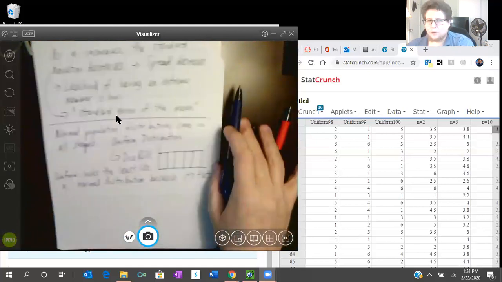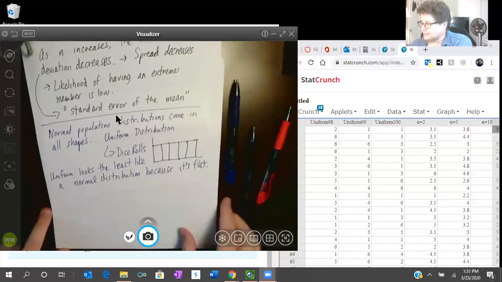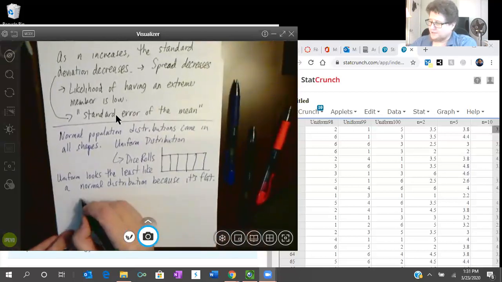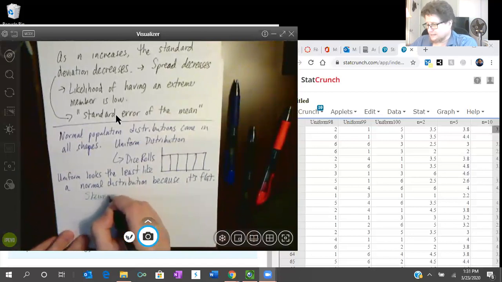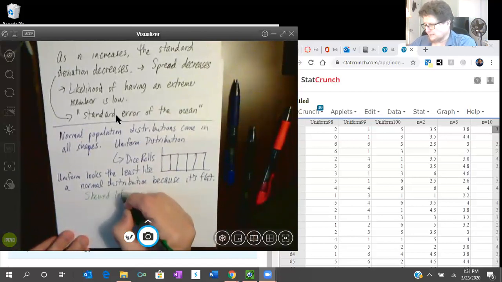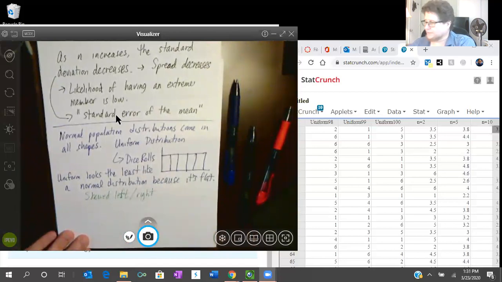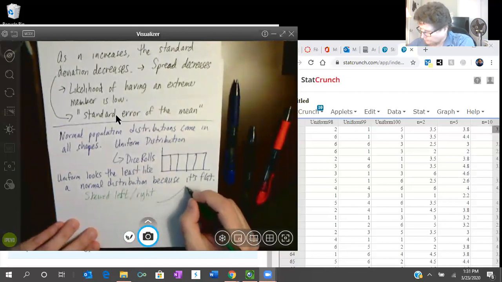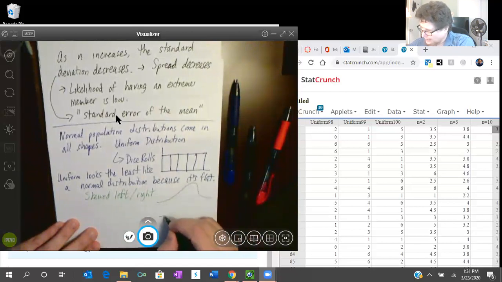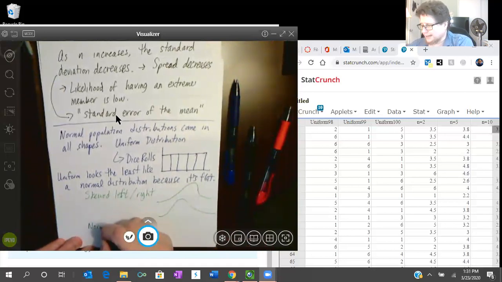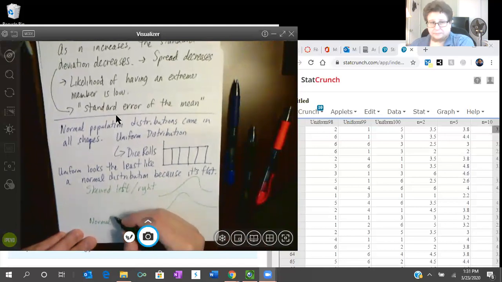Then we recall we had this, oops. We had skewed left, skewed right. These are closer, they have humps. Left or right. And then we had our normal distributions like IQ, which we just did.